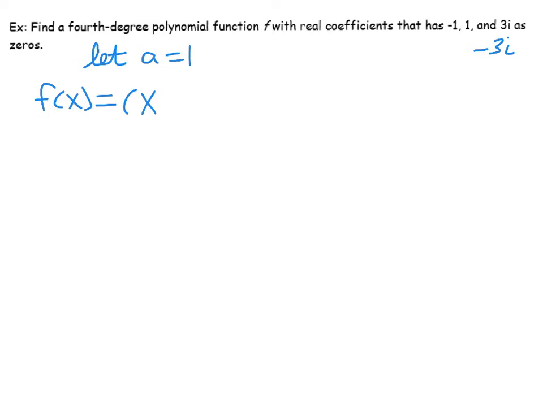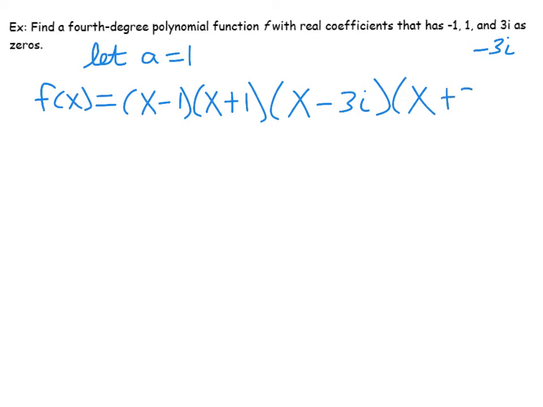All right, if it has a 0 at 1, we have a factor of x minus 1. If we have a 0 at negative 1, there's a factor of x plus 1. Okay, so far so good. Okay, there's all four.